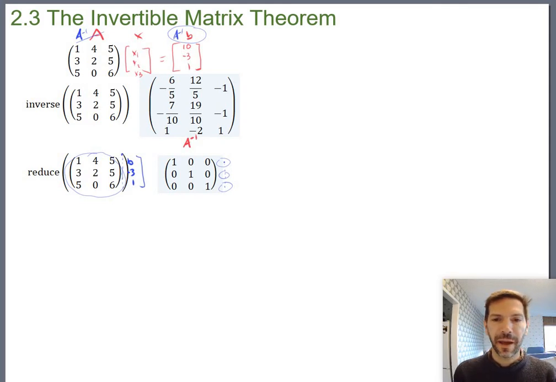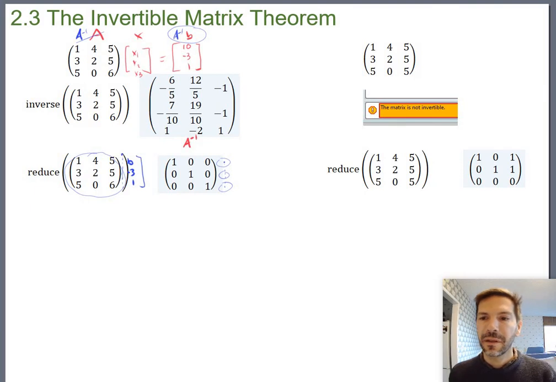Let's compare that to this one. So I tweaked it just a little bit so that the columns are not linearly independent. Now it is true that if you add the first column plus the second column, you do indeed get the third column. So the columns are linearly dependent, which should mean all the other statements from Theorem 8 are false as well.